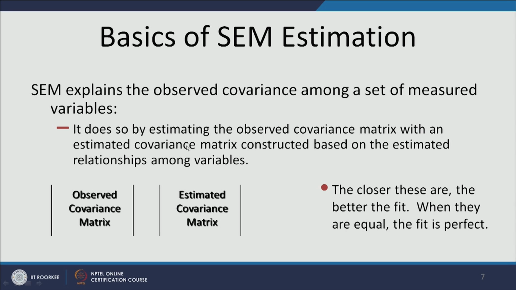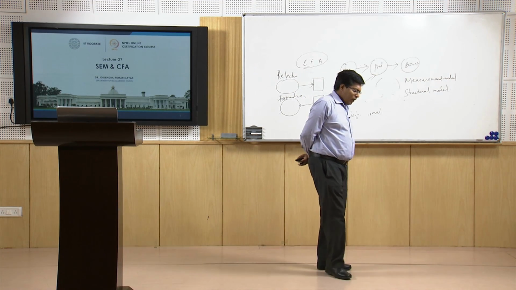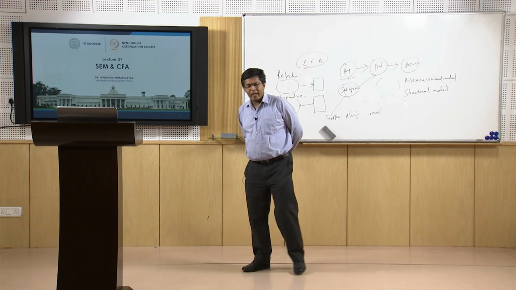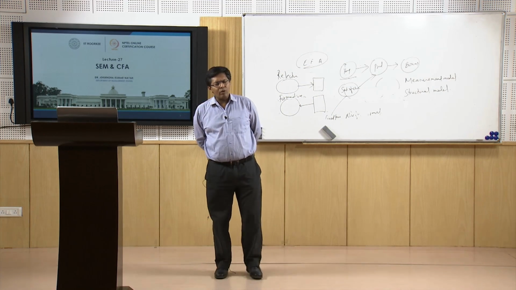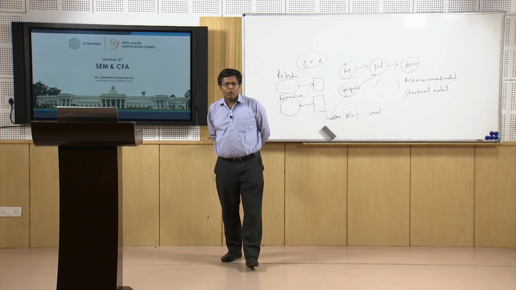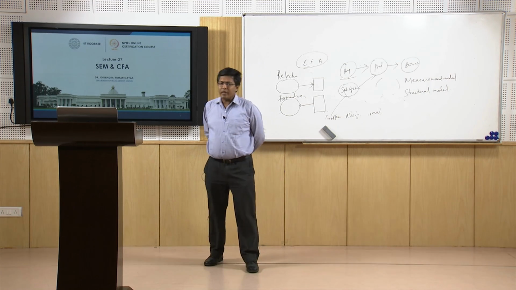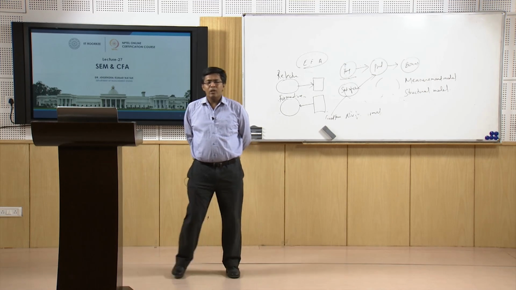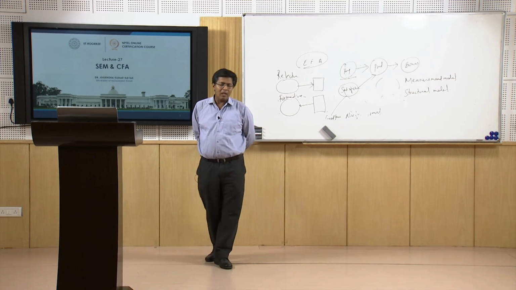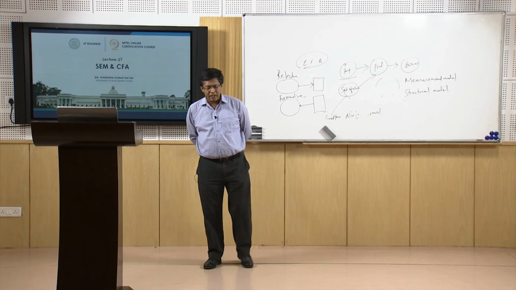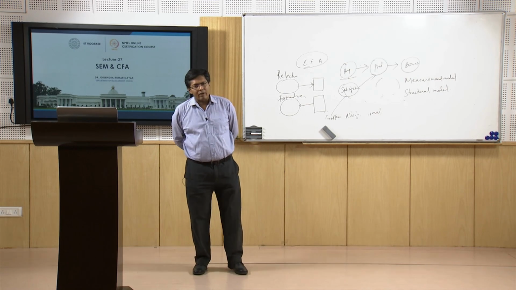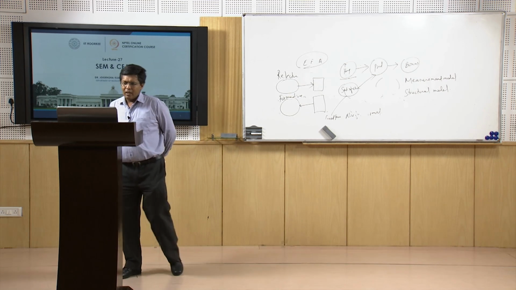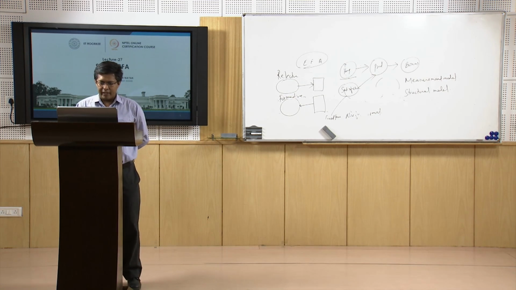That means we build an observed covariance matrix, and we calculate an estimated or expected covariance matrix, and then we always want the difference between the two to be as minimum as possible. If there are minimum differences, that means what we observed and what we expect are more or less the same. The closer they are, the better the fit.